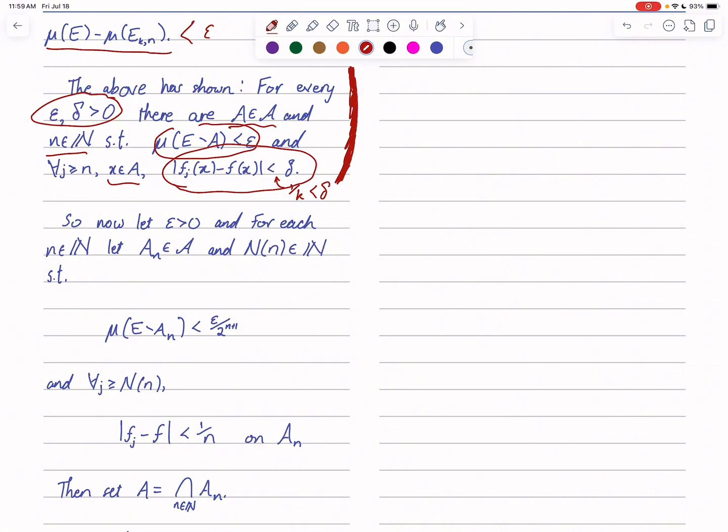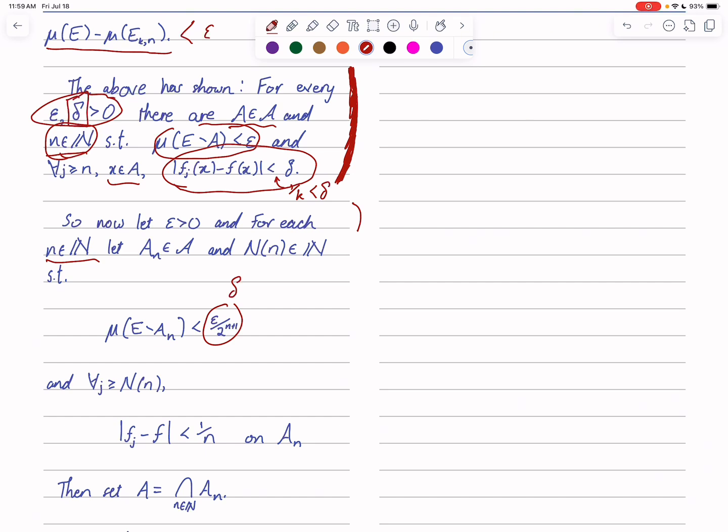So now let epsilon be any positive number and let n be the index guaranteed up here, if we choose this to be delta, right, this is my delta that shows up up here. So I'm picking that for my delta.